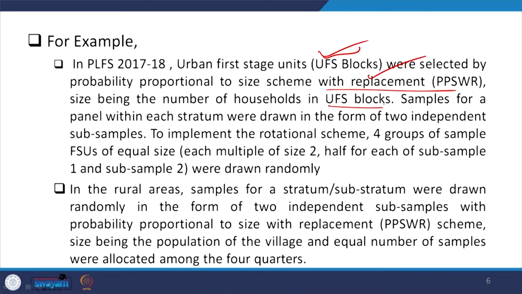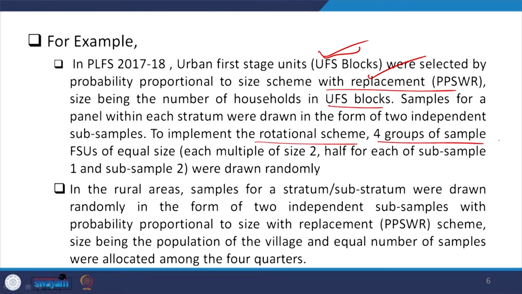Samples for a panel within each stratum were drawn in the form of two independent subsamples. To implement the rotational scheme, again 4 subgroups of samples of FSUs of equal size were drawn randomly. They divided into 4 subgroups and drew them randomly.